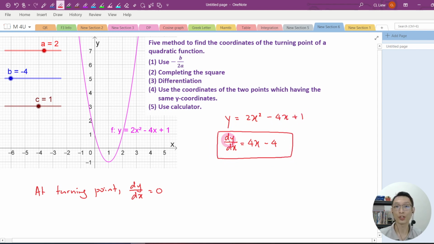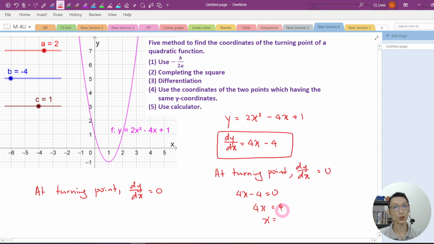Okay, so as I told you just now, at turning point here, dy by dx is equal to 0. So this means that 4x minus 4 is equal to 0, and 4x is equal to 4, x is equal to 4 divided by 4, which is equal to 1.